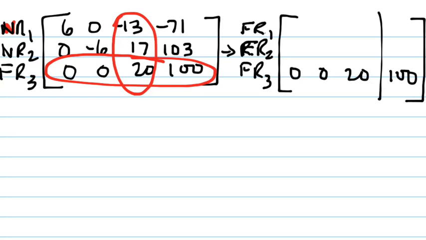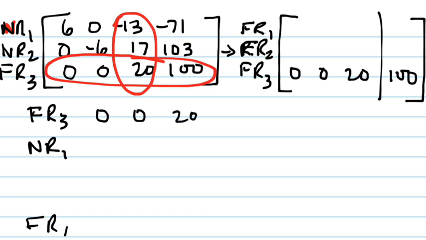We're just going to bring it straight over. Now we're going to use it. So it's final row 3 and new row 1, right? And that's going to give us final row 1. So let's put in our final row 3. 0, 0, 20, 100. New row 1, 6, 0, -13, -71.